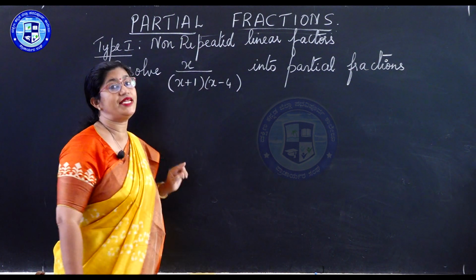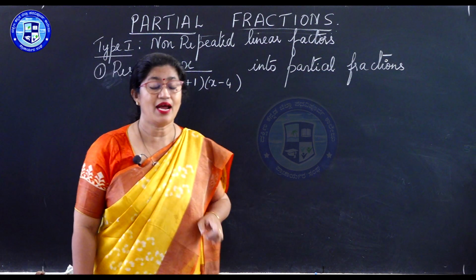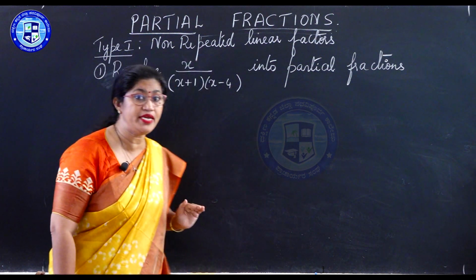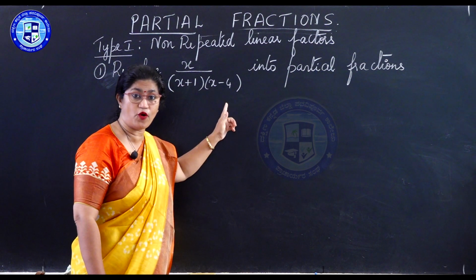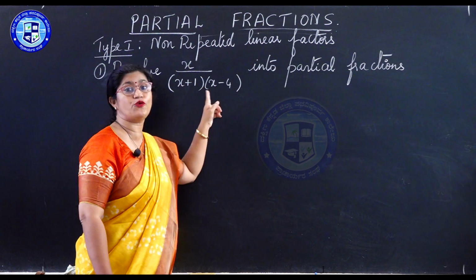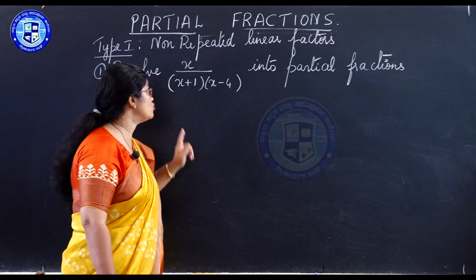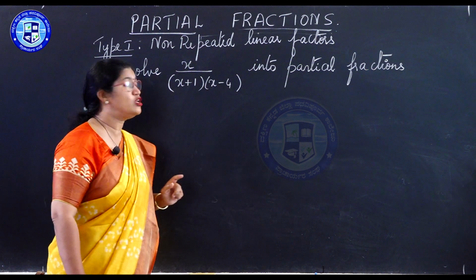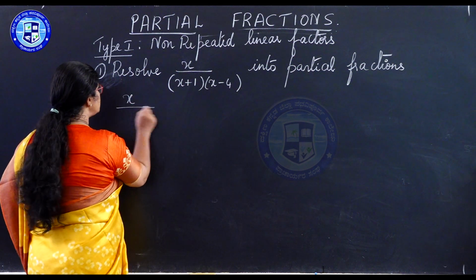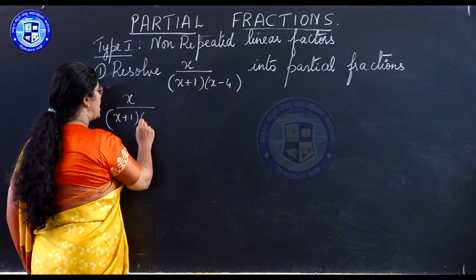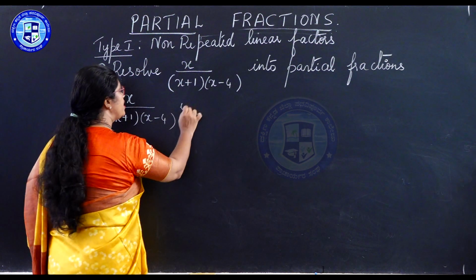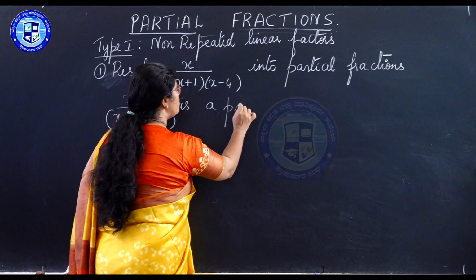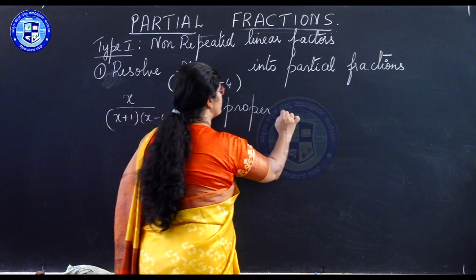Degree of the numerator is 1 and degree of the denominator, please note it should be in the expanded form. When you multiply x into x, you will get x square. So the highest power of x will be 2 and here it is 1. So you know that x by x plus 1 x minus 4 is a proper fraction.